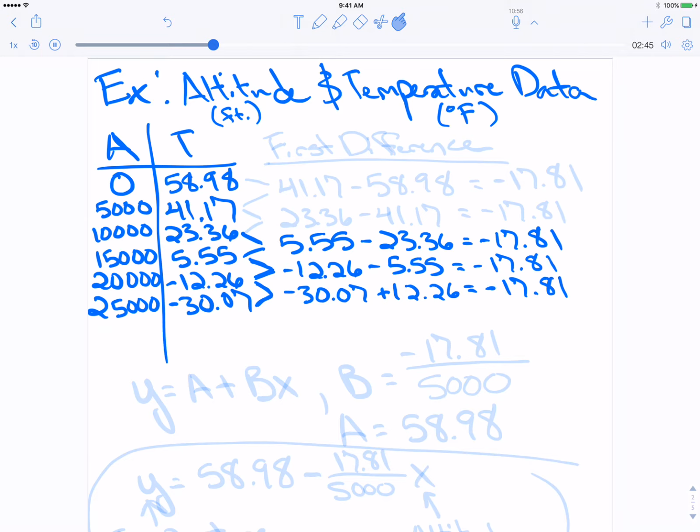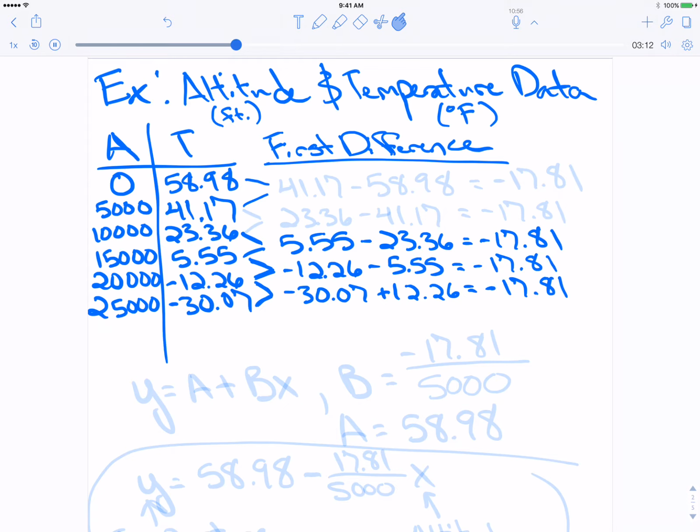Now, what I'm going to do is take something called a first difference, and make that effectively what's sort of like a third column here, but I'm not going to turn it into a column. What I'm doing is I'm looking at the difference in values between the first two rows for temperature.